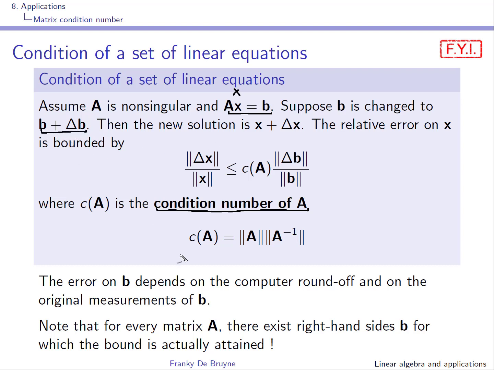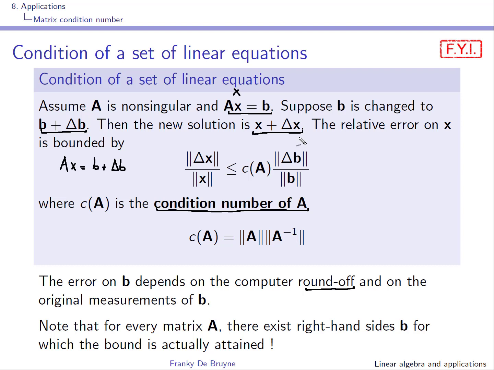This could be because your computer makes a round-off error, or there is an error on the original measurements of b. So the system that you're now solving is Ax = b plus delta b, and the solution will now be x plus delta x.